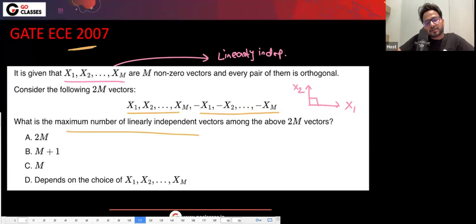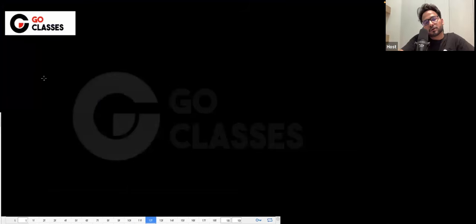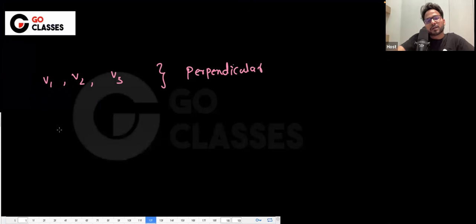See, if the vectors v1, v2, v3 are perpendicular to each other, in that case they must be linearly independent also.